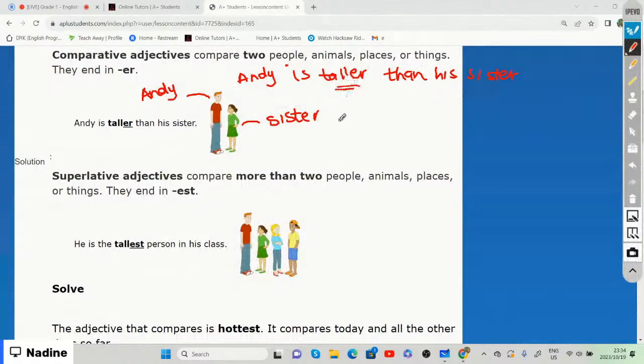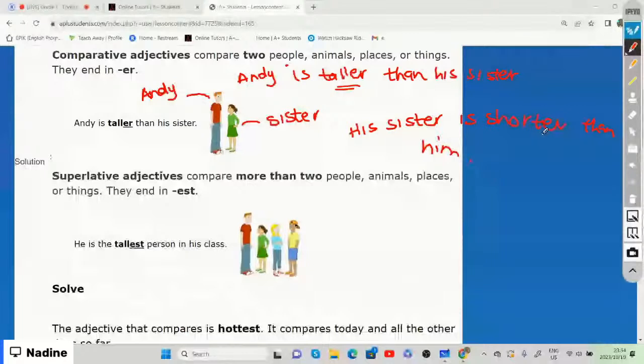So taller, because we're comparing the two. But we can say his sister is shorter. So his sister is shorter than him. So shorter, right?